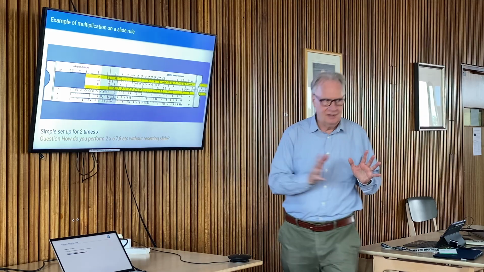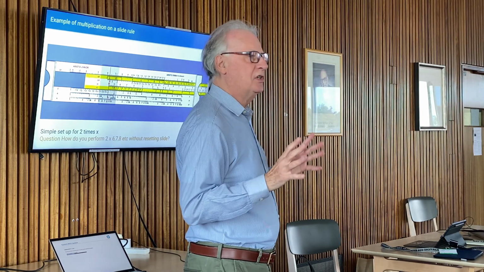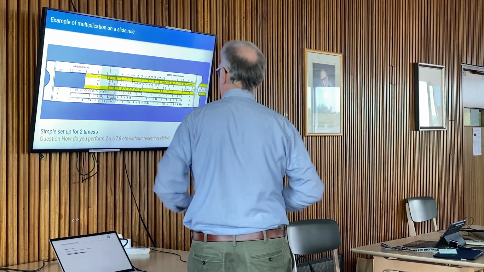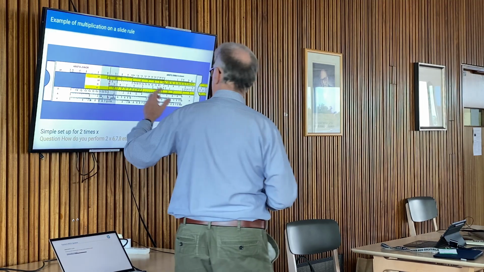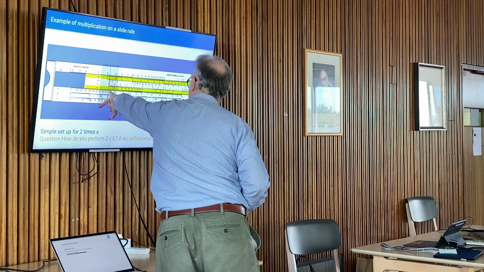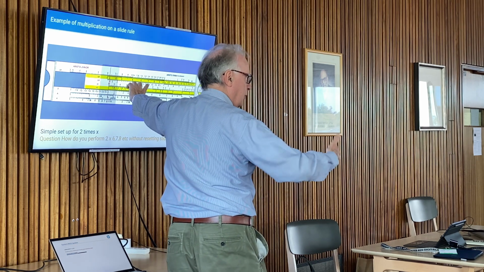Now, this is just for those that haven't used a slide rule. Okay, who's actually not used a slide rule? Fine. Okay, I'm going to concentrate for those people that haven't used a slide rule. If you want to do a multiplication, then you set the index point to the first number you want to multiply.